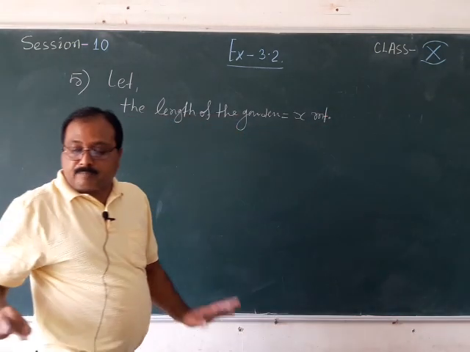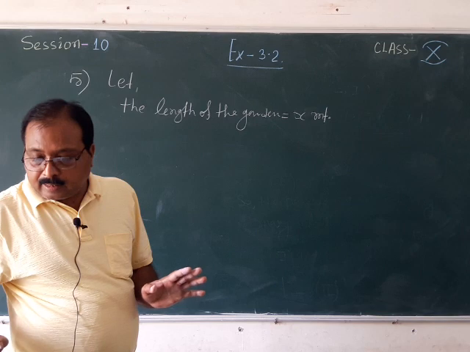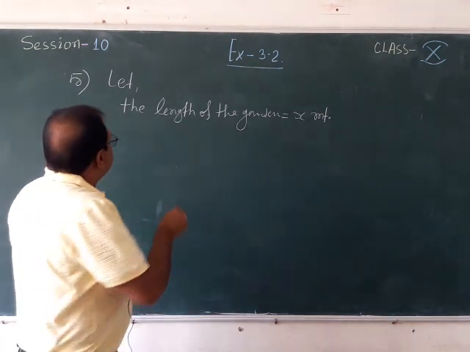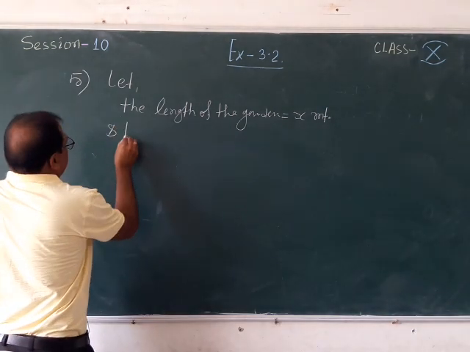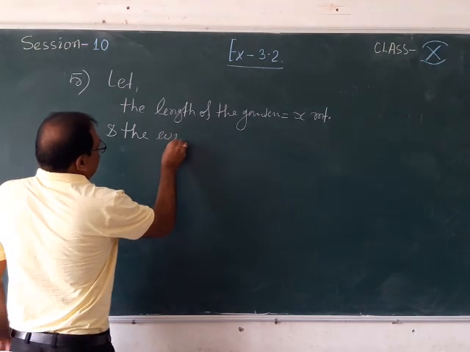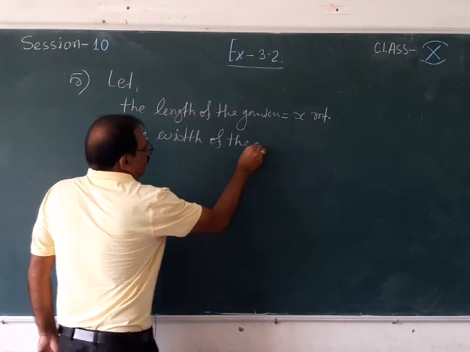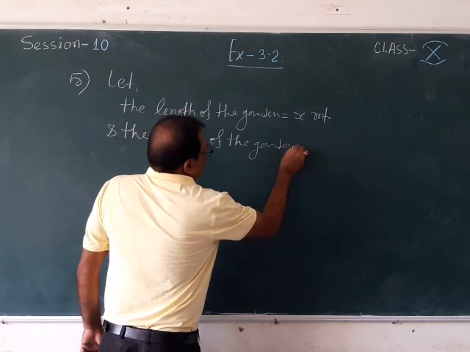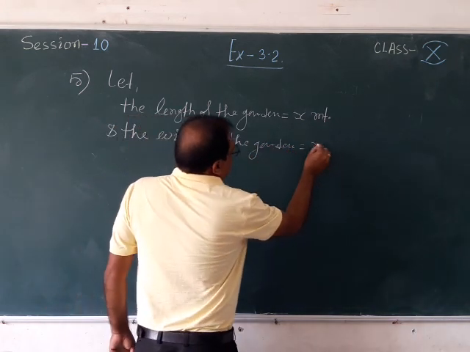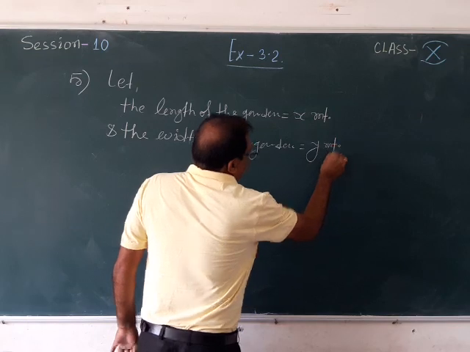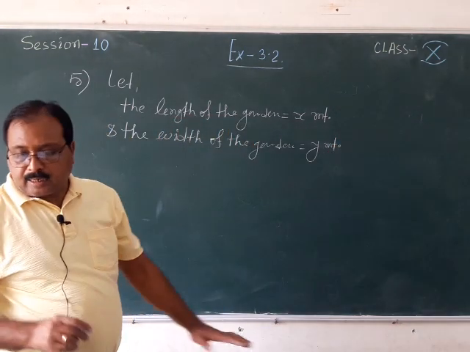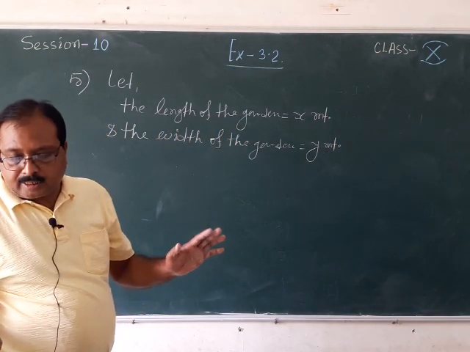Length is x meter, that I have taken. Length and width of the garden, and let the width of the garden be y meter. Length and width are x meter and y meter.